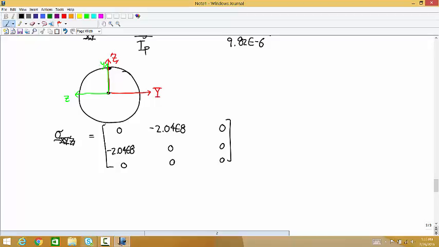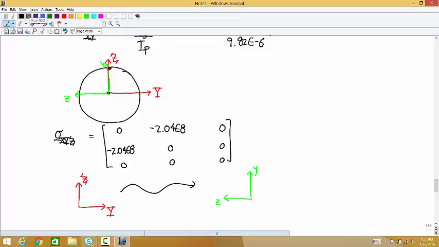And now we have to think about what rotation matrix we need to go from the red to the green. So we have the y-axis, the z-axis. We're trying to go to this coordinate system.